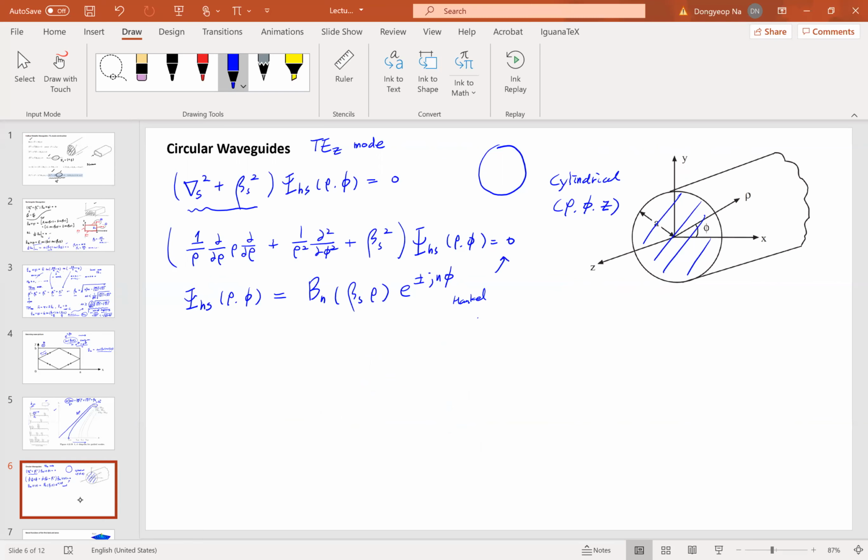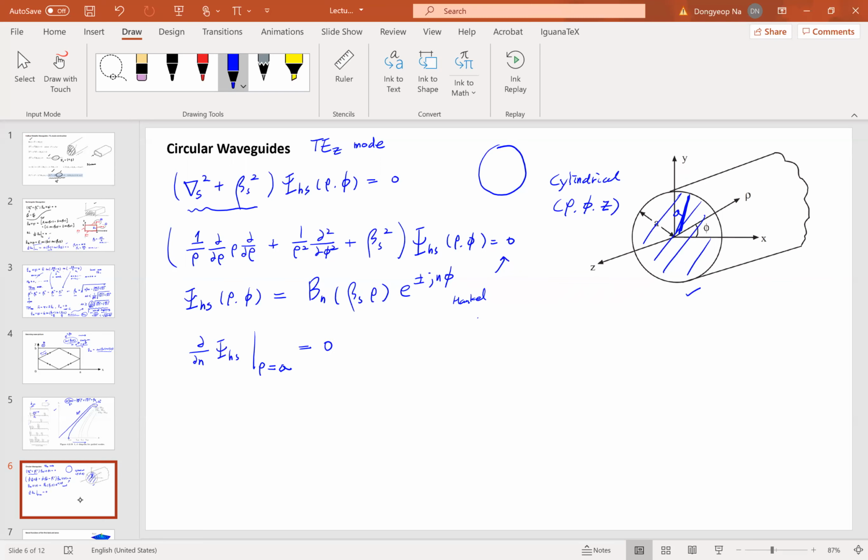So in order to find the unique solution of this circular waveguide, we need to apply the boundary condition, that the normal derivative when rho is equal to a, the radius of this circular waveguide, should be 0. Okay.